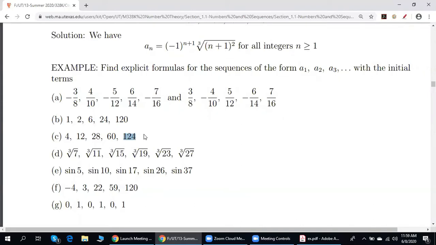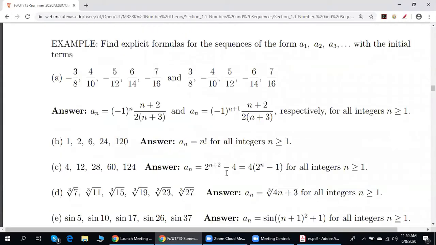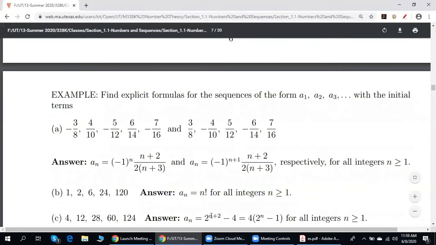So these numbers are 2 to some power minus 4. Was that your approach? Yes. And the explicit formula is 2^(n+2) minus 4, which can be rewritten as 4 times (2 to nth power minus 1).